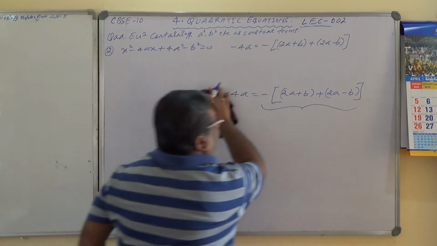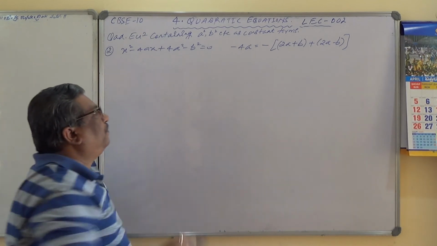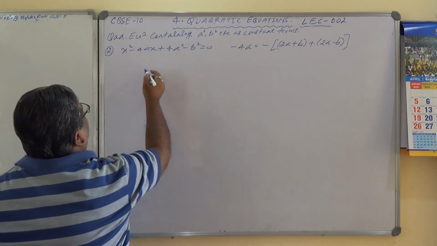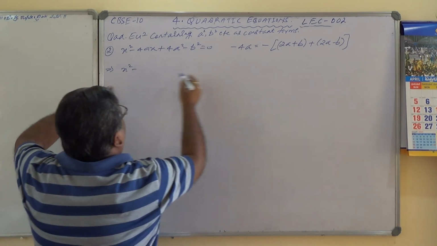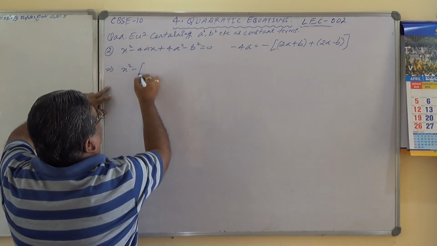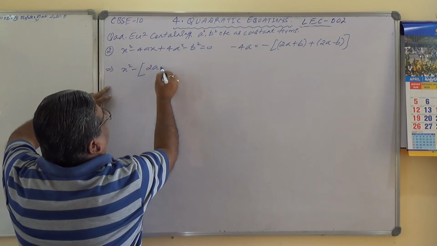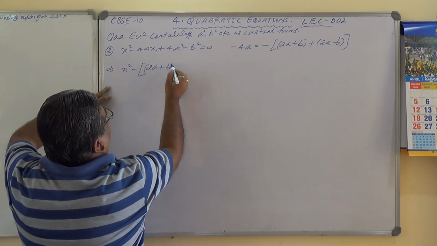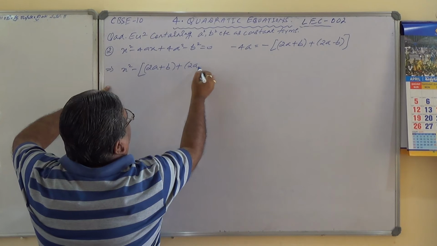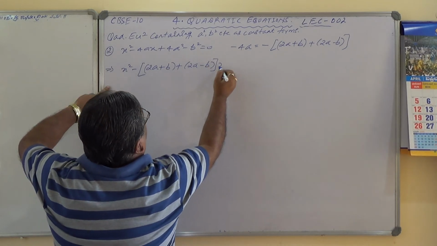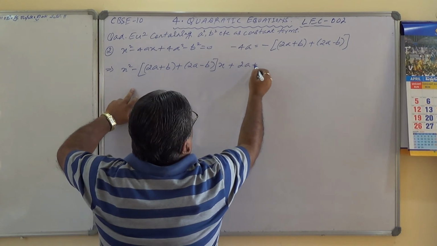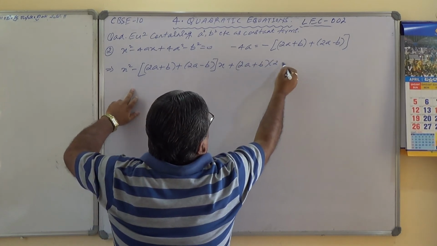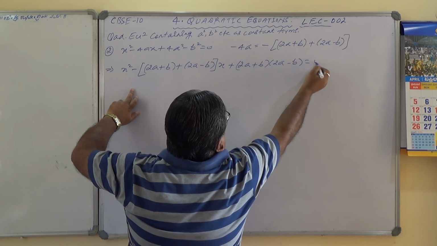So let's see how to solve this. So implies x square minus 4a is nothing but minus of 2a plus b plus 2a minus b times x plus this is nothing but 2a plus b into 2a minus b equals 0.